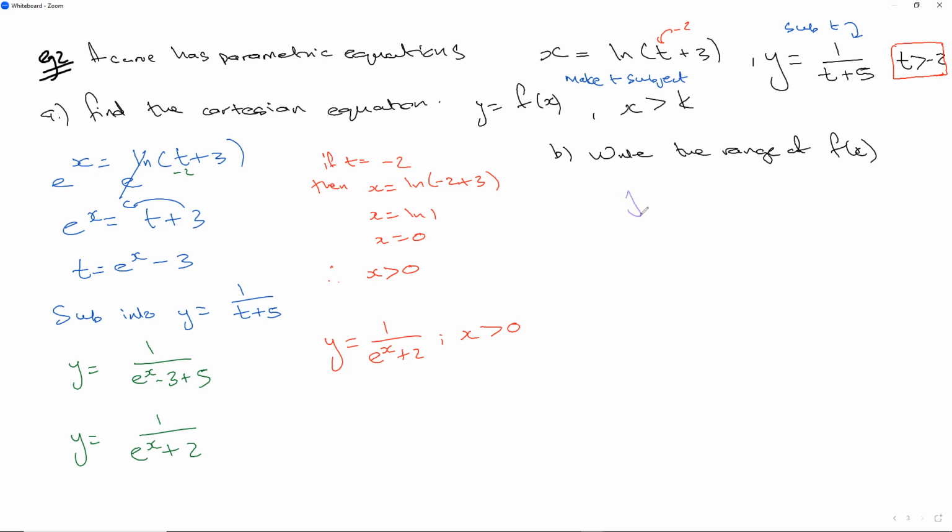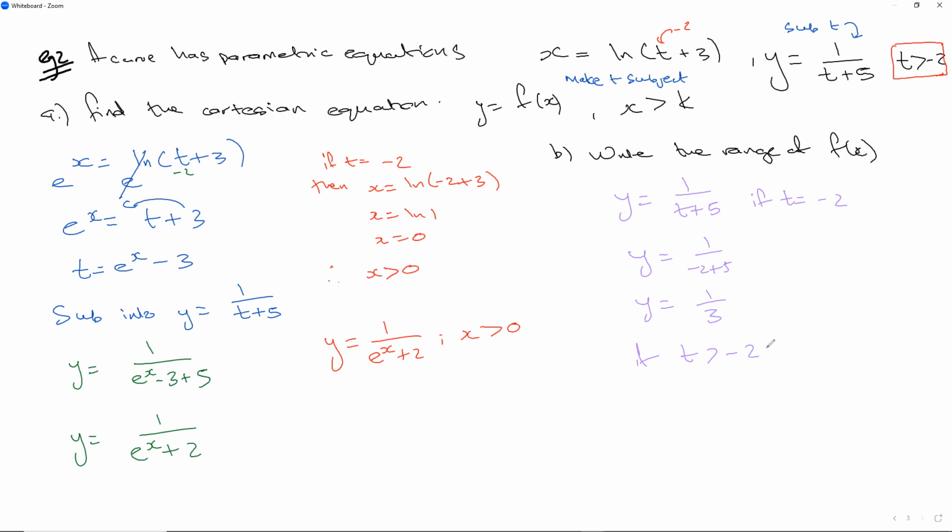So y will equal 1 over t plus 5. If t is equal to negative 2, then y will equal 1 over negative 2 plus 5, which means y will equal 1 over 3. And if t is greater than negative 2, then by substituting negative 2 in here, we get 1 over 3.